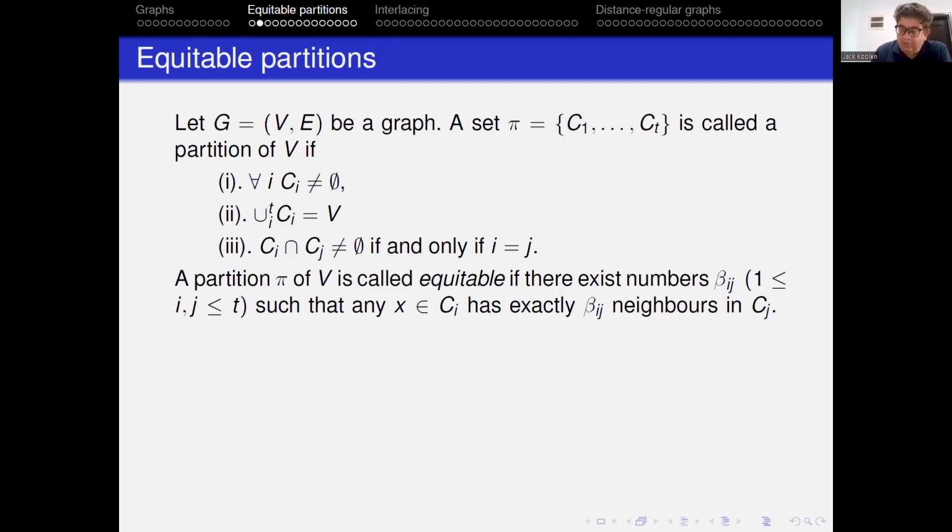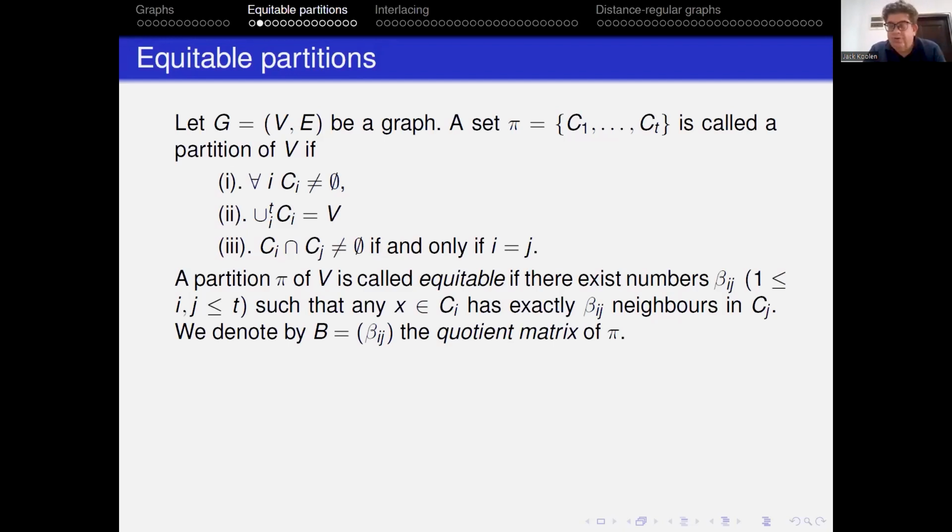There are maybe two different valencies, maybe one valency, but we have one valency from one side and one valency from the other side. Yes. And with B, we will denote the quotient matrix. That is called the quotient matrix of pi. We will define a quotient matrix for a general partition later, but now I only do it for an equitable partition.